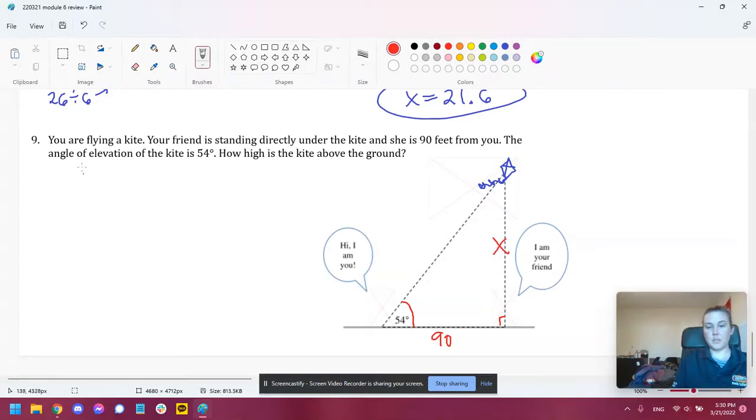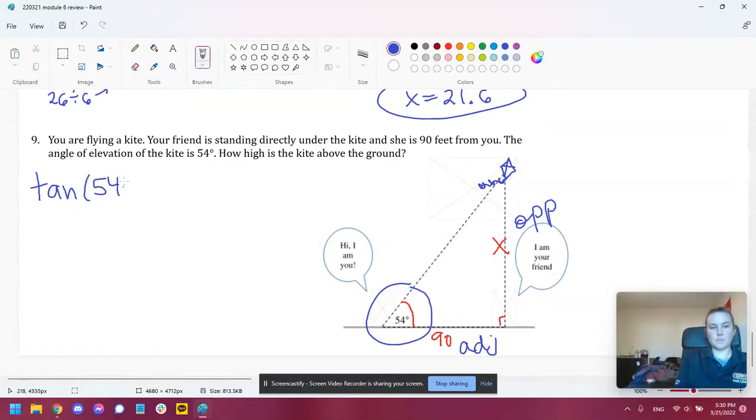Let's set up a trig function. If we're looking at this angle, we have the opposite, the one that does not touch the angle at all. And we've got the adjacent. It's the one that's right next to it that is not the hypotenuse. If we've got opposite and adjacent, I want the tangent to be this. I'm going to type in tangent of 54 into my calculator.